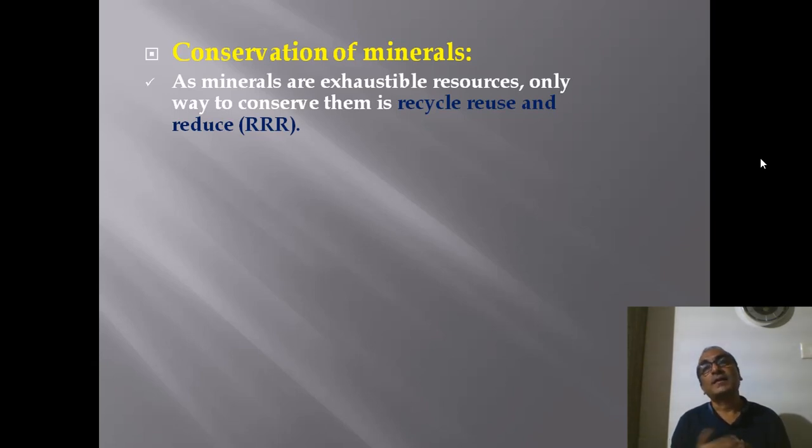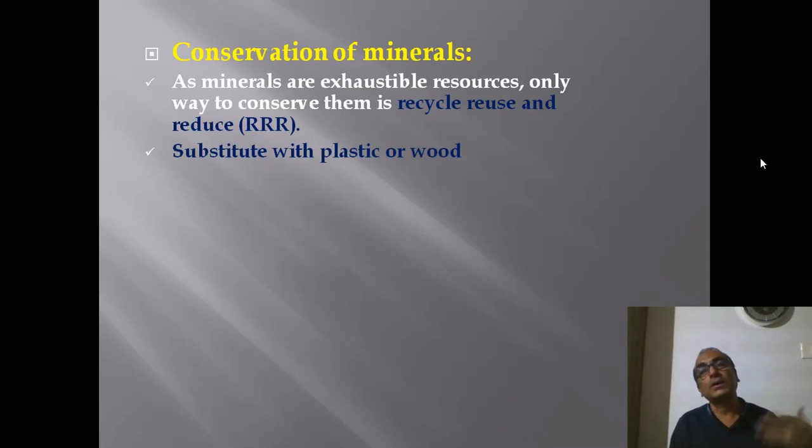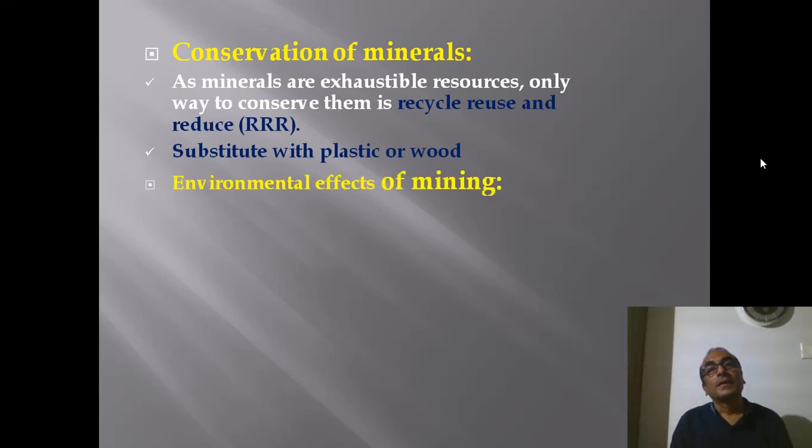So in this way, recycling, reusing and reducing the use of non-renewable resources like minerals will help us in conserving them. Another way is substituting. For example, make use of plastic or wooden doors in place of metal doors.